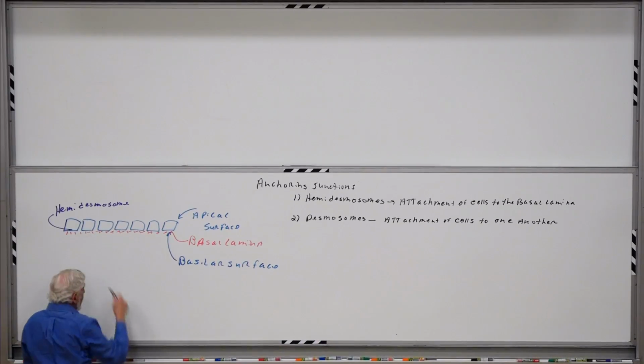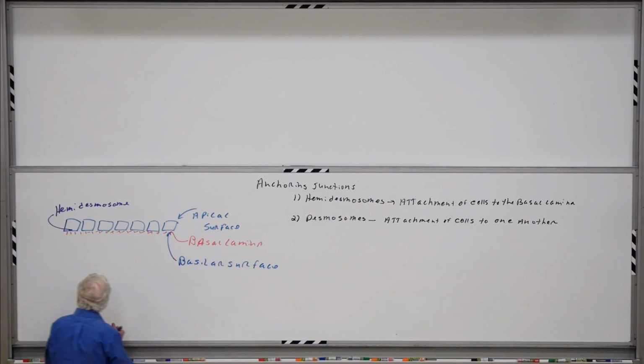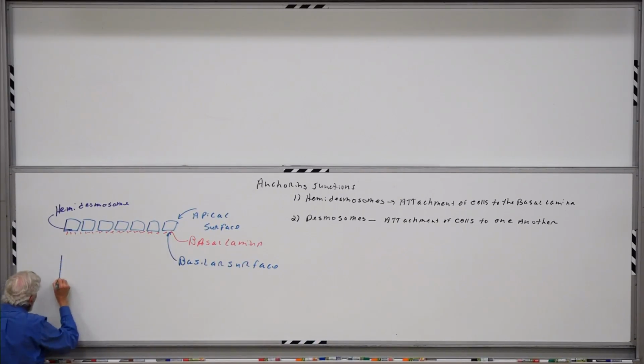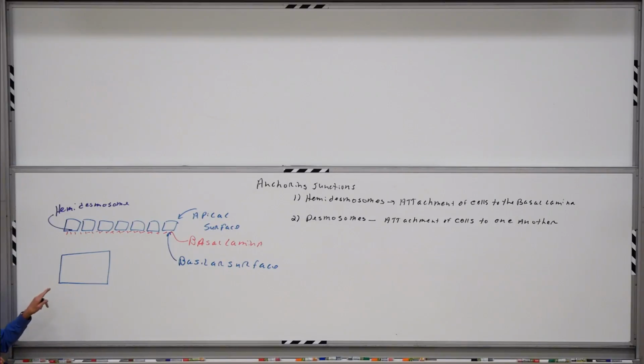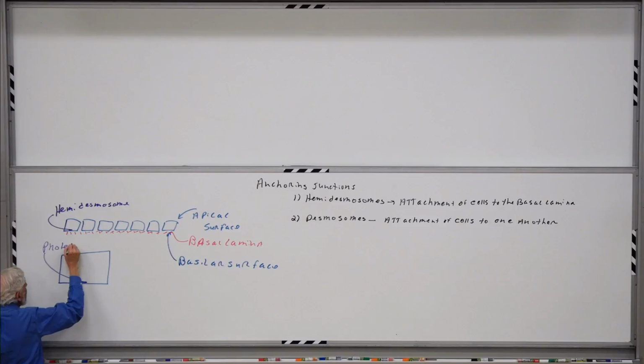So I'm going to enlarge this and describe the hemidesmosome. This box is meant to be an individual epithelial cell. Then sitting on the cytoplasmic side of the basilar membrane down here is a group of proteins, which we're going to basically call a protein plaque.